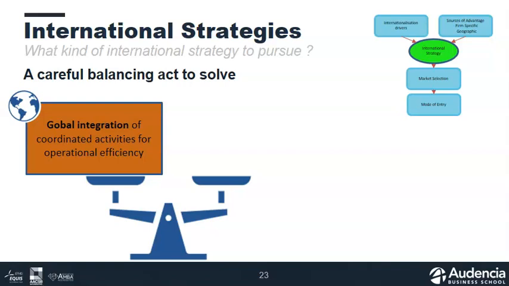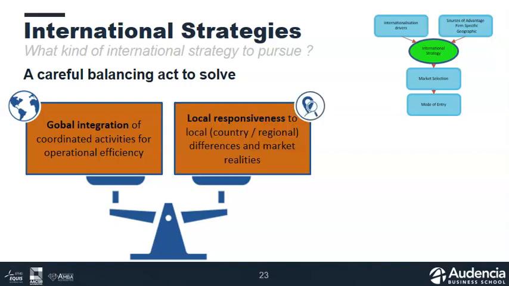Now, the other side of this is that if I become extremely globally integrated, maybe I'll be less responsive to local needs. So I can have global integration, but I have to balance that with local responsiveness to specific regional or country differences.